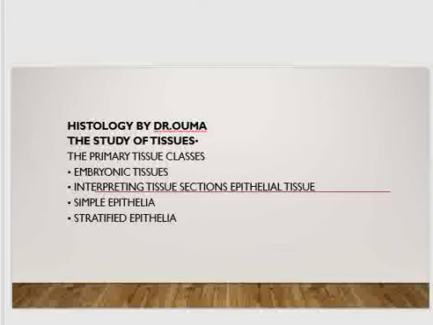The next and second last part of our lesson is that we're going to look at epithelial tissue. In epithelial tissue, I want you to have the following objectives. First, you need to be able to describe the properties that distinguish epithelial from other tissue classes.